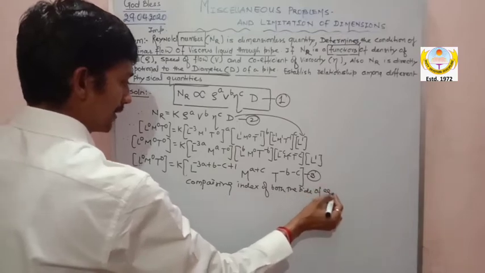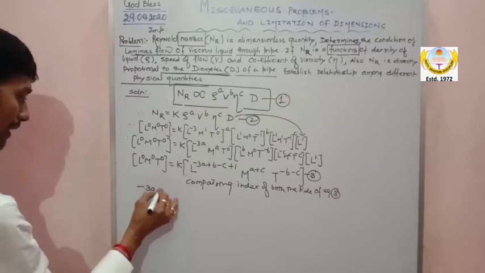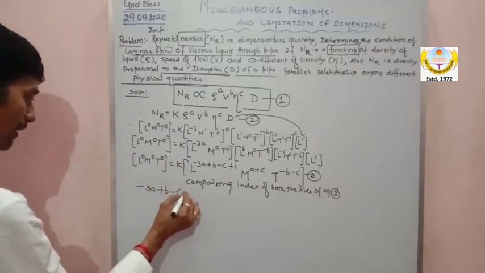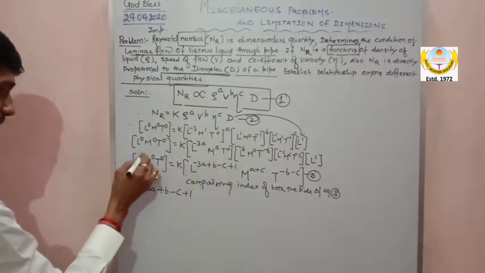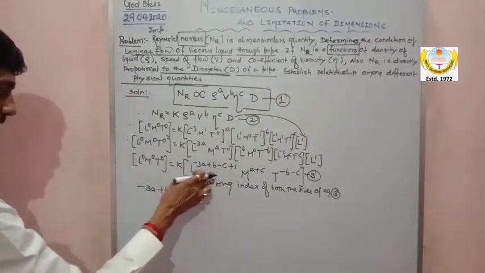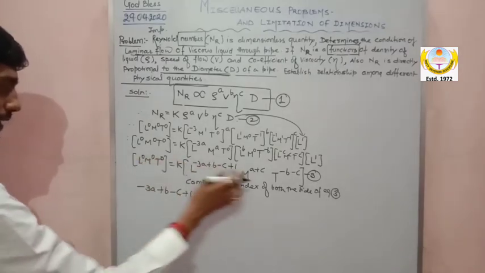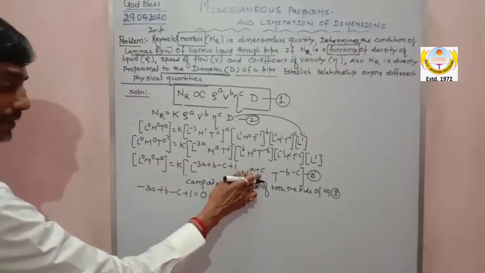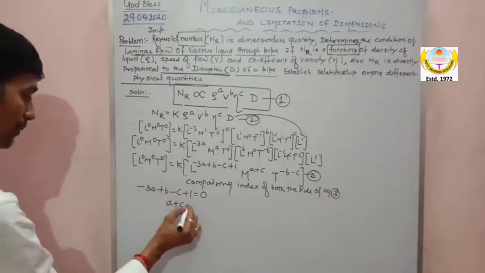So I will get, my dear, the first equation: minus 3A plus B minus C plus 1, and here L power is 0, so this is equated with 0. Now here it is M power A plus C, and here M power 0, so here A plus C is equal to 0.